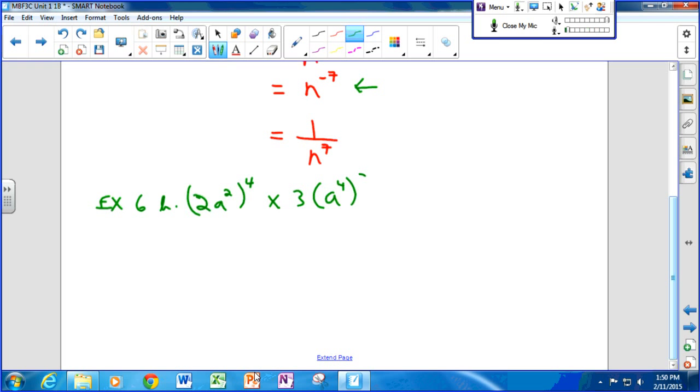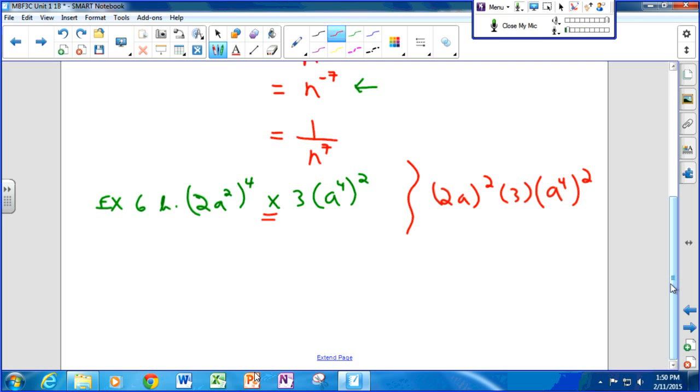Wow. Again, they're using a bit of non-standard notation there, but we know what that is. If you wanted to eliminate that and just write it, it would be 2a squared to the 4 times 3 times a to the power 4 squared. That's how it would actually look. So you could always do it that way.